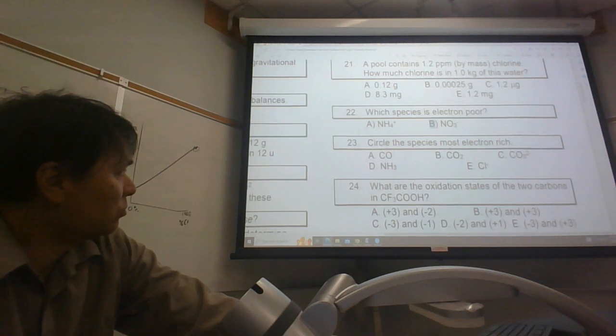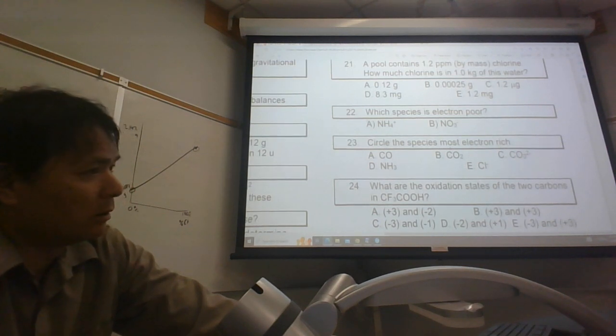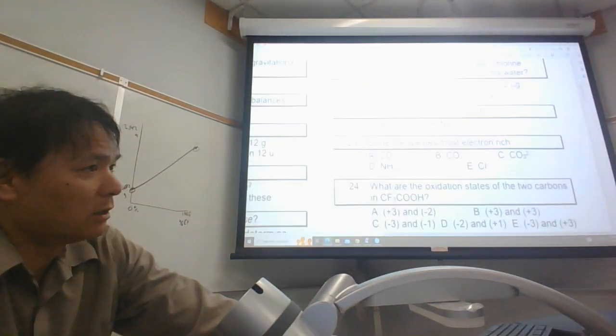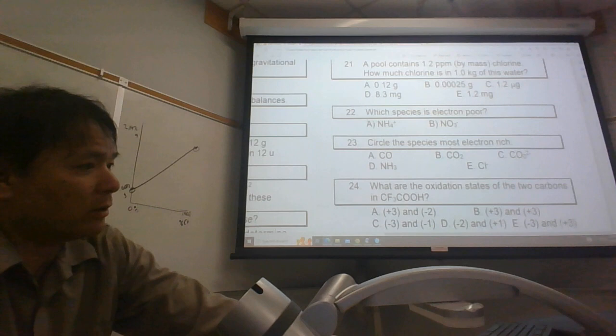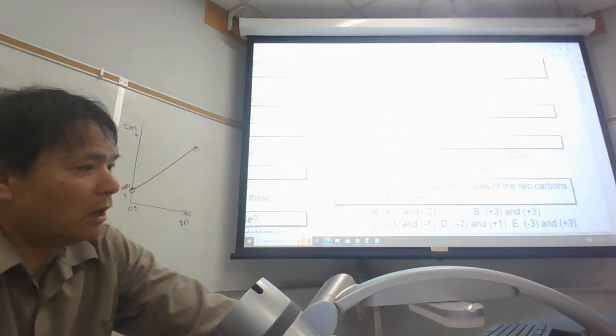So the easiest to burn would be ammonia, followed by carbon monoxide, followed by chloride. B and C won't burn unless you can strip the electrons from oxygen. But they definitely aren't going to burn in oxygen because oxygen versus oxygen will result in a draw.